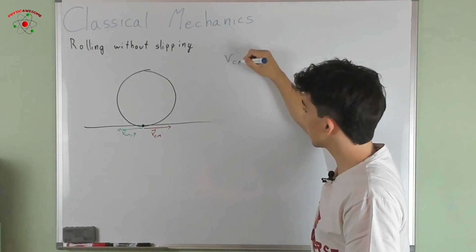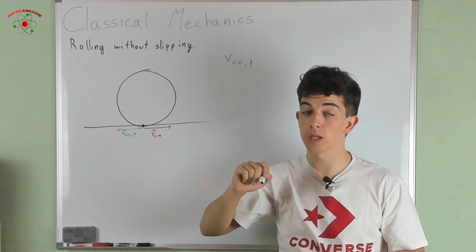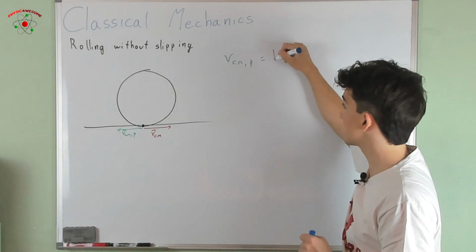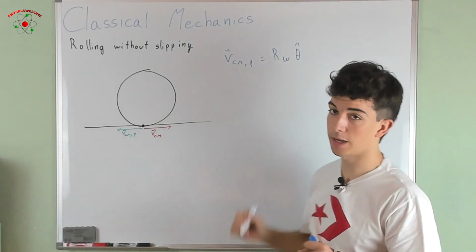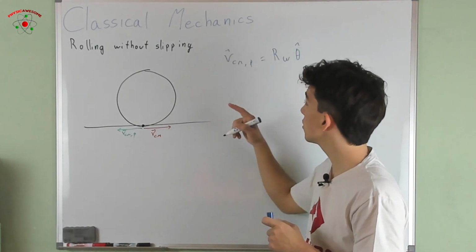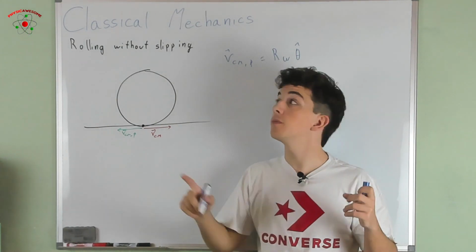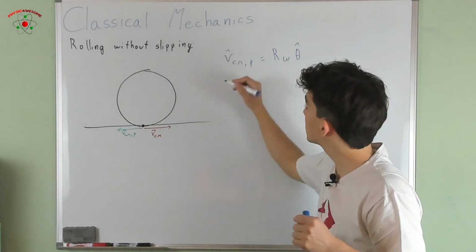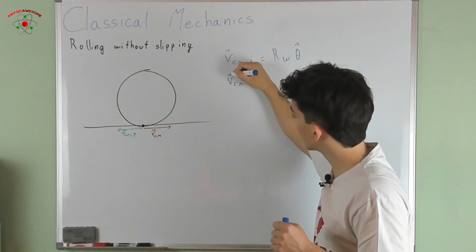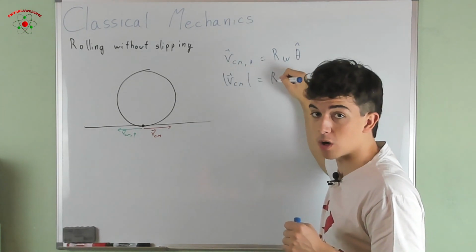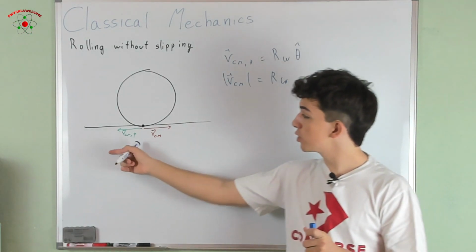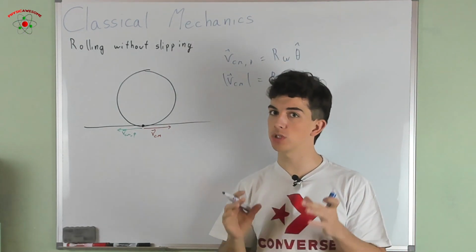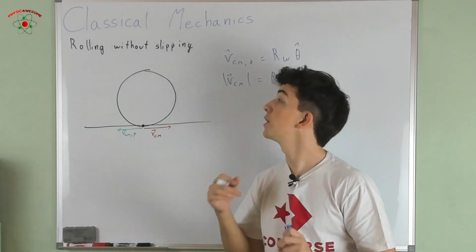We first calculated v_cm,P previously in our first analysis, which gives us that this is equal to r omega theta hat. And we also calculated v_cm previously in this specific case, which gave us that the magnitude of this vector must be equal to r omega. Then, from our analysis, we know that these two vectors are opposing each other for sure.